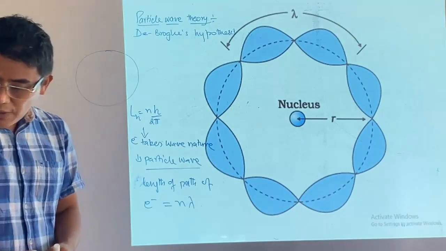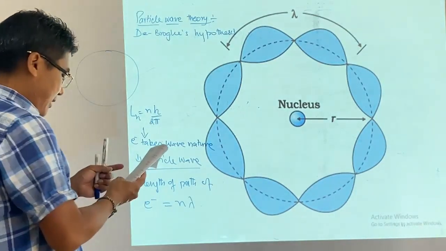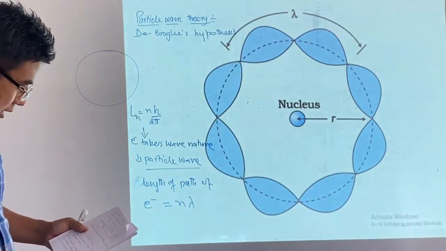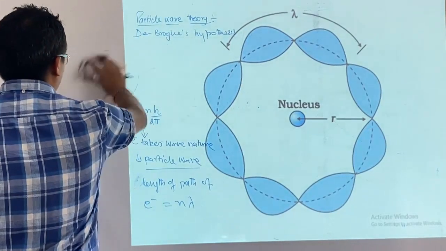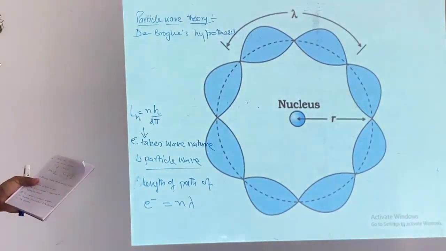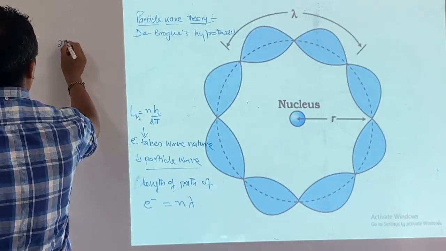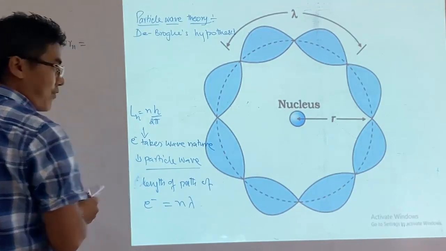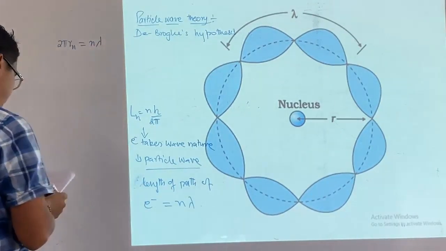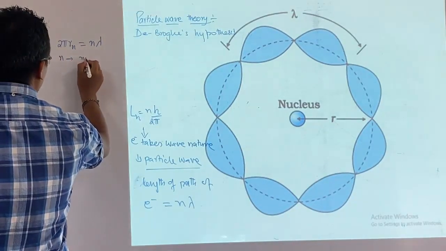Having this, we can easily derive Bohr's second postulate from it. The path length of an electron must be equal to an integral multiple of lambda, and n is the number of the orbit.